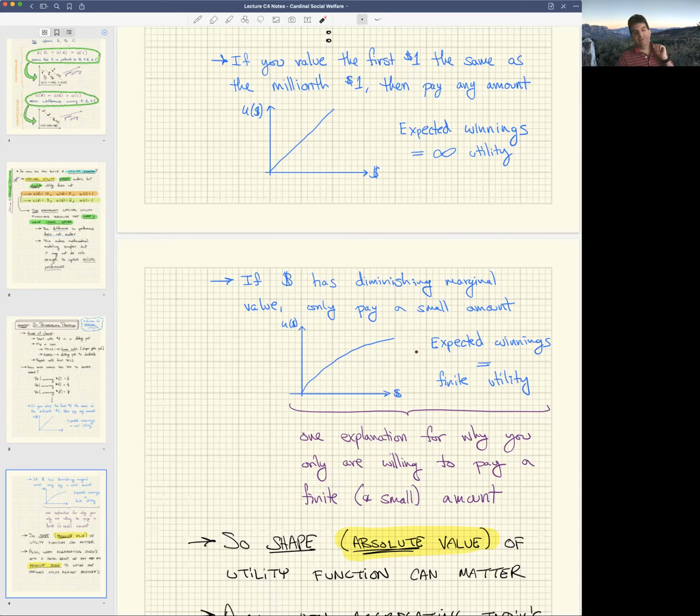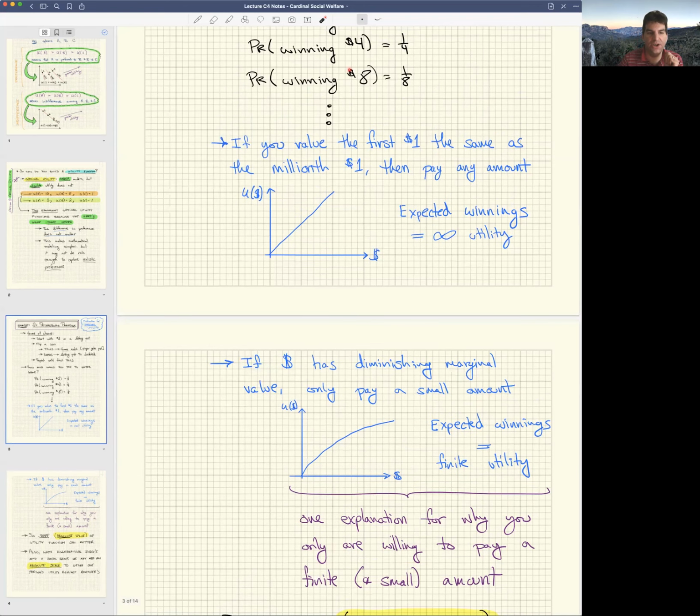And it turns out that if you redo the probability calculations so that instead of saying winning $8, you say winning a utility of $8, and that utility has this concave shape to it, then you actually create a finite expectation where you can predict around a $10 expected utility. So it's the difference between expected dollars and expected utility. This game has like a $10 expected utility, which helps explain why people aren't willing to pay more than $10 to play the game.